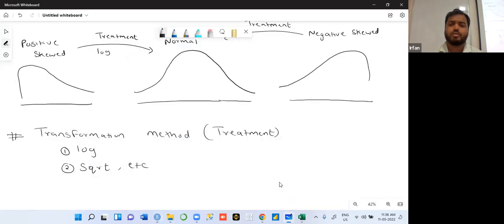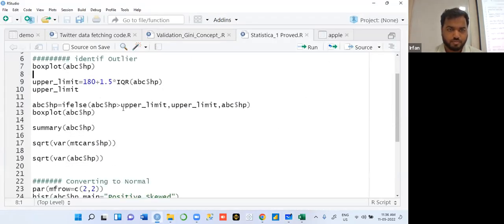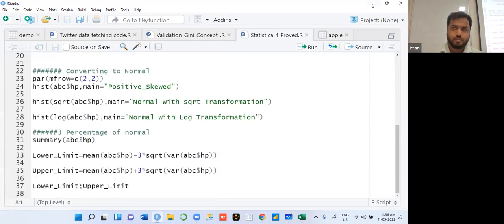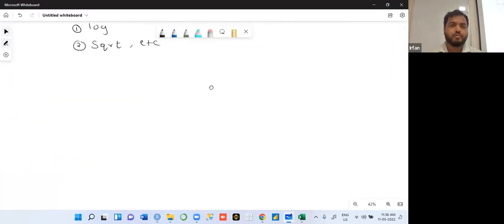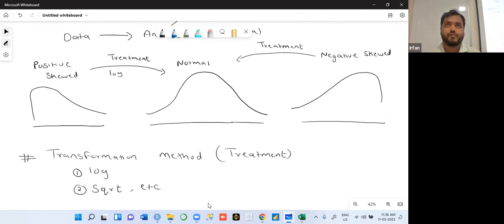Etc. Inverse, reciprocal. Shall I move forward? Concept easy.